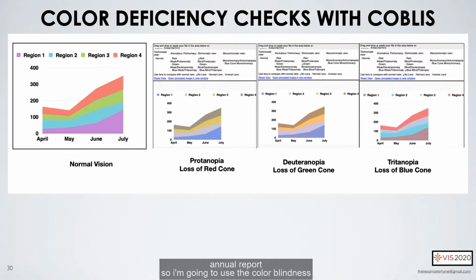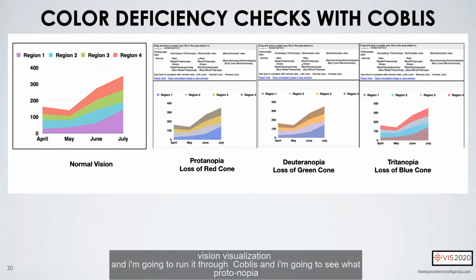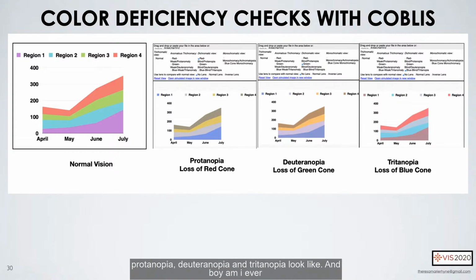So I'm going to use the color blindness simulator, CoBLIS, another free tool. I'm going to take a picture of my normal visualization, and I'm going to run it through CoBLIS, and I'm going to see what Protanopia, Deuteranopia, and Tritanopia tell me.